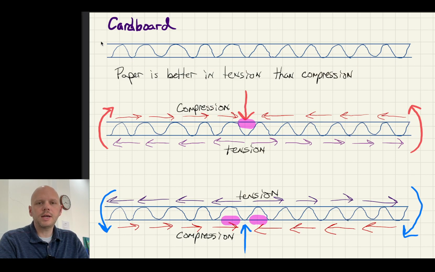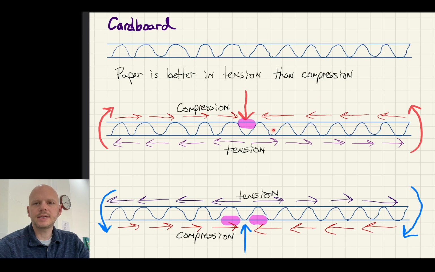So here in this picture, if I were to put a weight right here in the center of the cardboard, pushing down right here, then that means that this is going to want to dip, right?